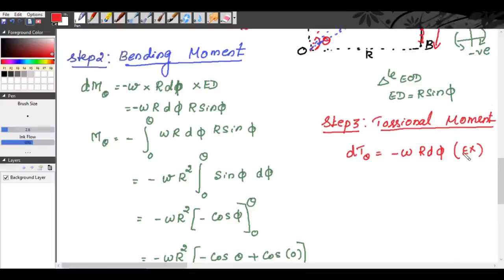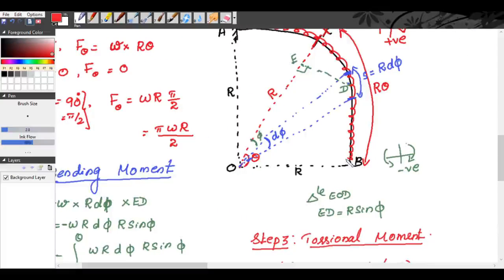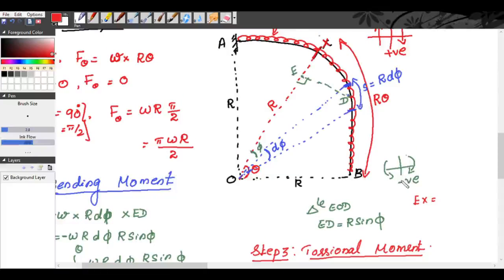Now Ex is equal to R minus OE. So when you take triangle OED, we get Ex is equal to R minus the value of OE, which is R cos phi.